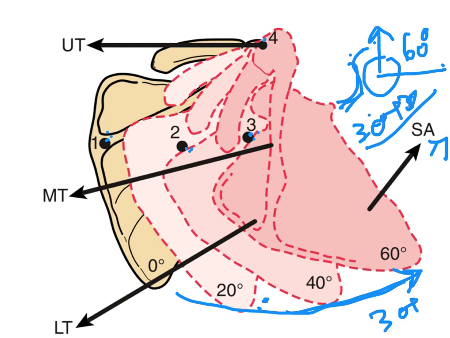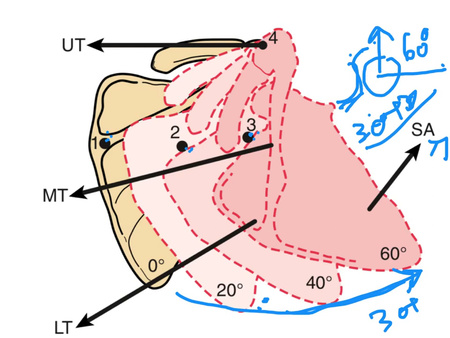So in this scapulohumeral rhythm, the first 30 degrees of scapular rotation involves the sternoclavicular joint, whereas the remaining 30 degrees involves the rotation of the clavicle, that is, both the sternoclavicular as well as the acromioclavicular joint help in the further 30 degrees of scapular rotation.